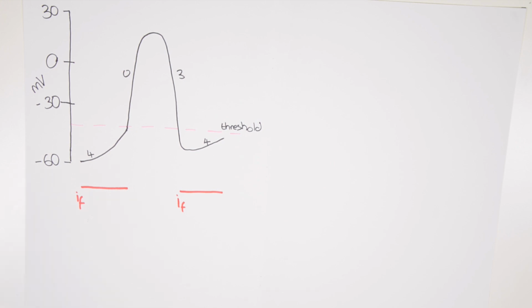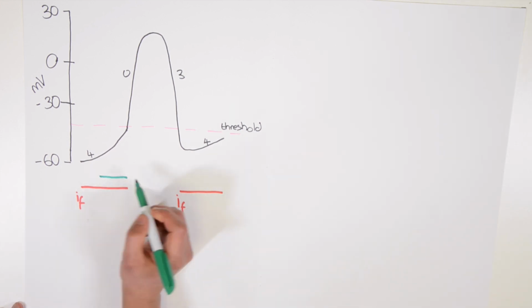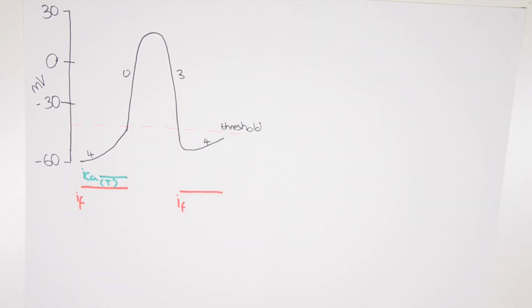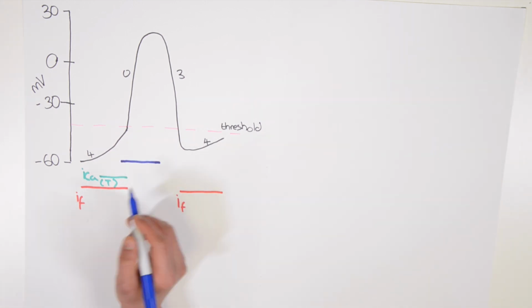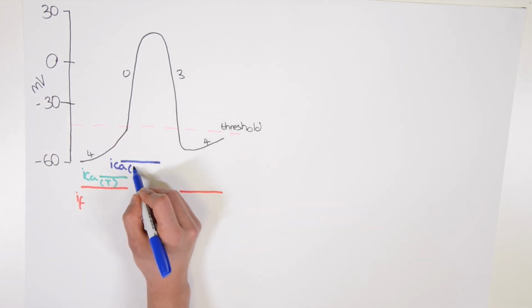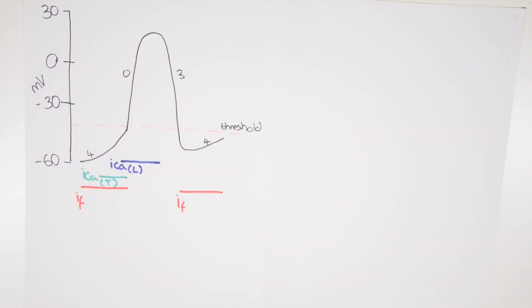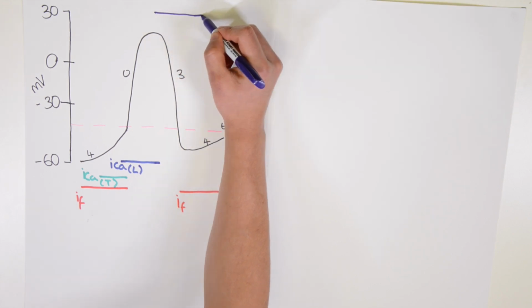Once the cell is completely repolarized at about -60 millivolts, the cycle is spontaneously repeated. The funny or slow sodium channels and transient or T-type calcium channels are involved in phase 4. Phase 0 is predominantly the long-lasting or L-type calcium channels, and phase 3 involves the movement of potassium.